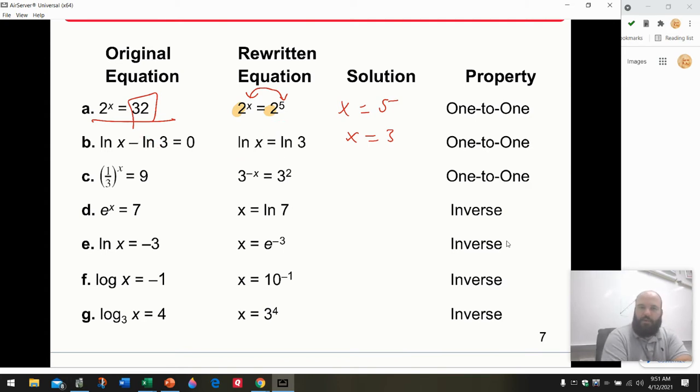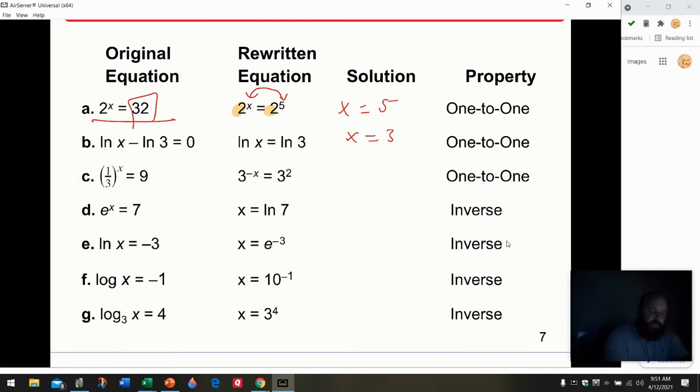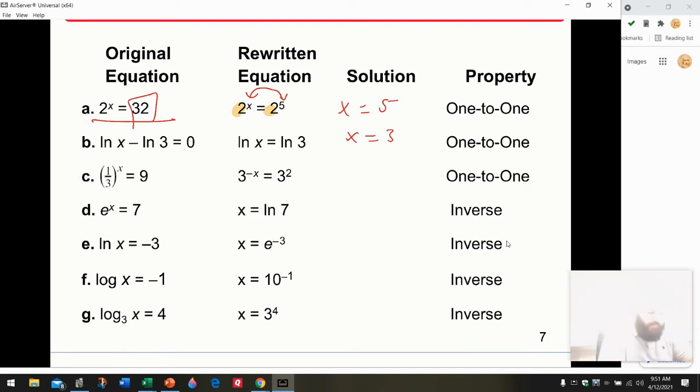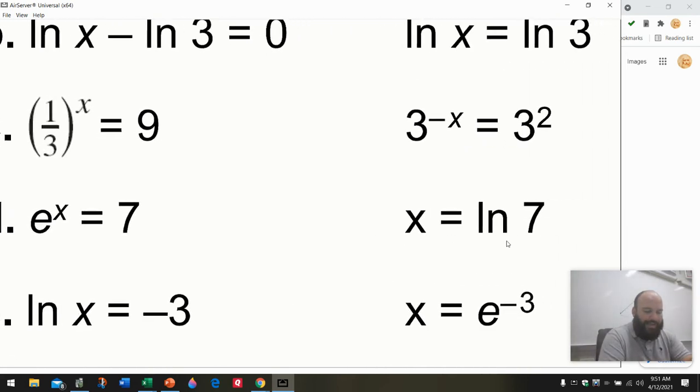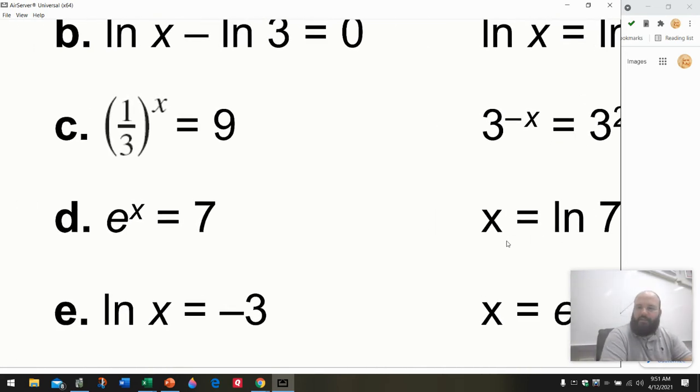Now, the last one that we will use the one-to-one property for is this one right here. We have 1/3 to the x power is equal to 9. Now, what we have to do is rewrite both the 1/3 and the 9 so they have the same base. So the 9, I would say, is probably pretty obvious. That is 3 to the 2nd power. That's not very hard. But this one's a little less obvious.